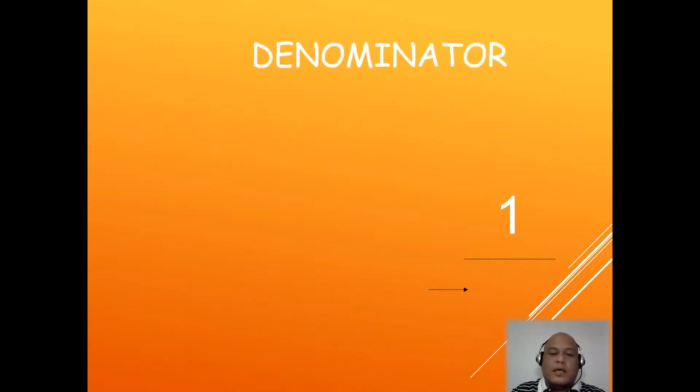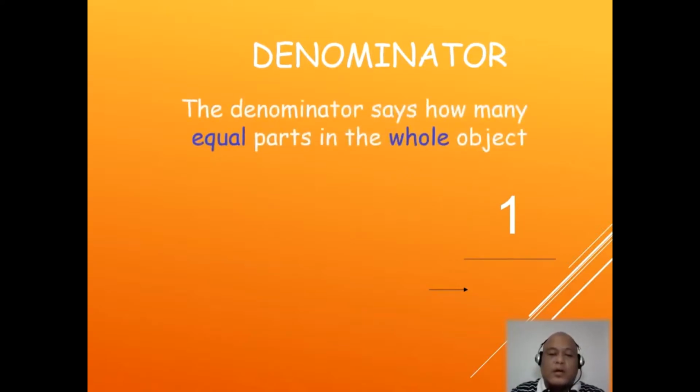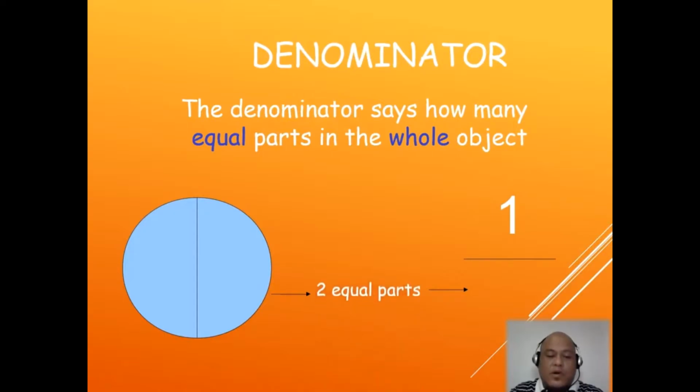Let's study denominator. What is denominator? The denominator says how many equal parts are in the whole object. For example, we have here a circle, and this circle is divided into two equal parts. So we can write 2 as the denominator.